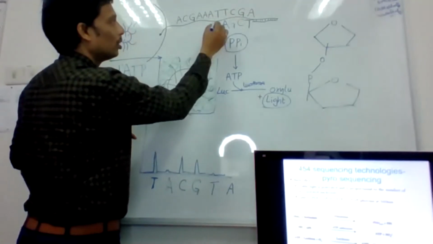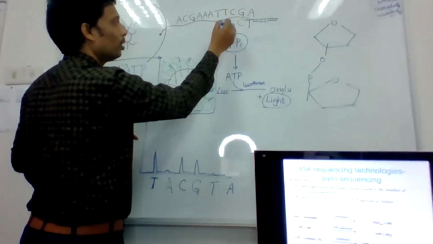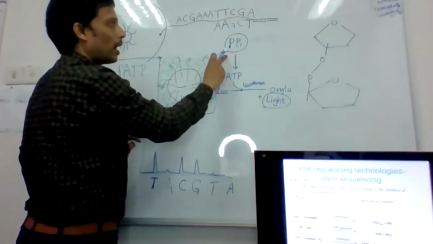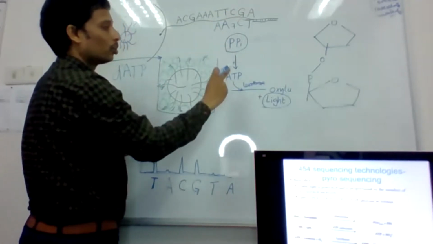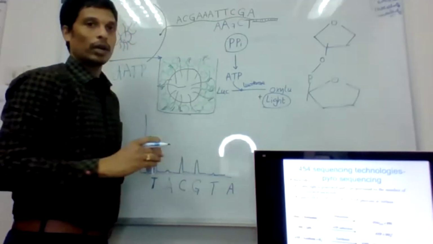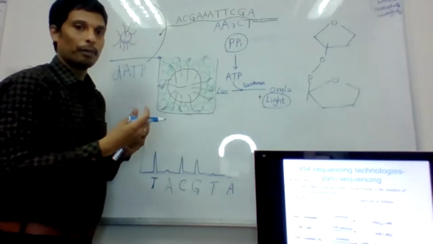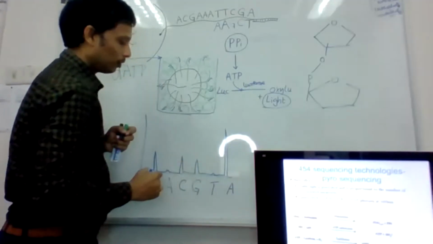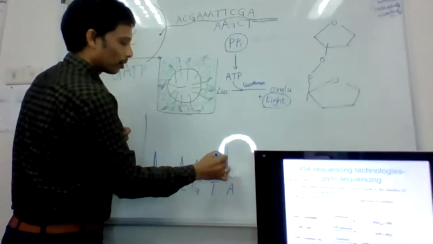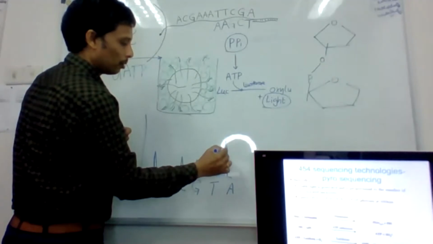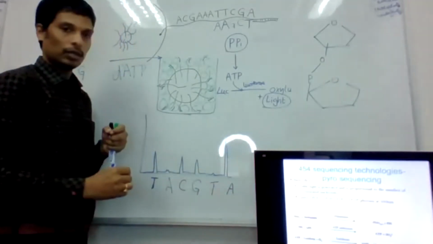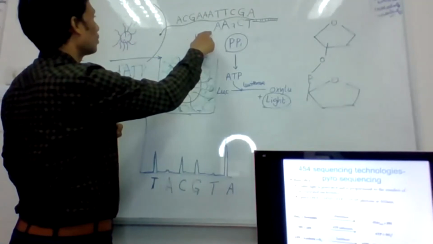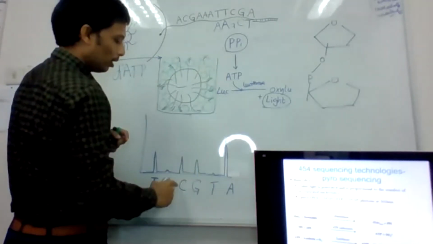It will add another A also. It's not only one A, two A's, because two T's are there. So two PPis will be produced and two ATPs, so two times the intensity of light will be produced. The light peak will be bigger, almost double the normal.